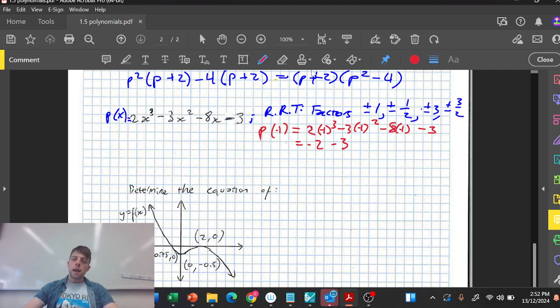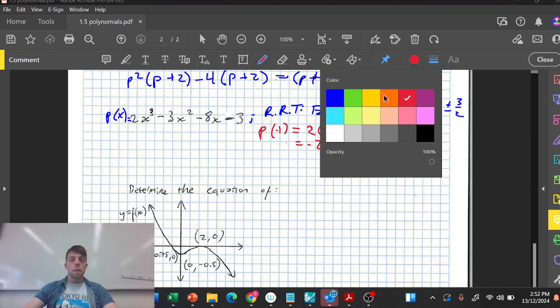Then we have -8 times -1, which comes out as +8. And then over here, we have -3 at the end. Now, collecting all this together, we can see -2 minus 3 is -5, plus 8 is 3, minus 3 is 0. So therefore, x plus 1, that is -1, is a root.